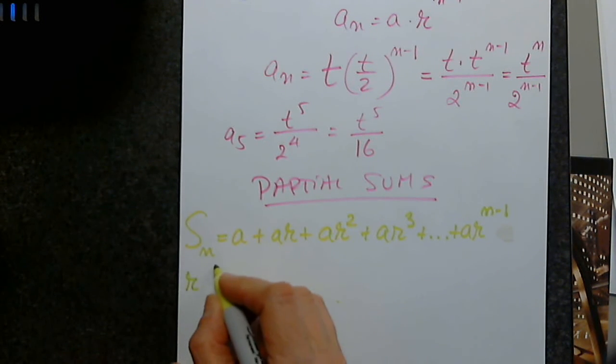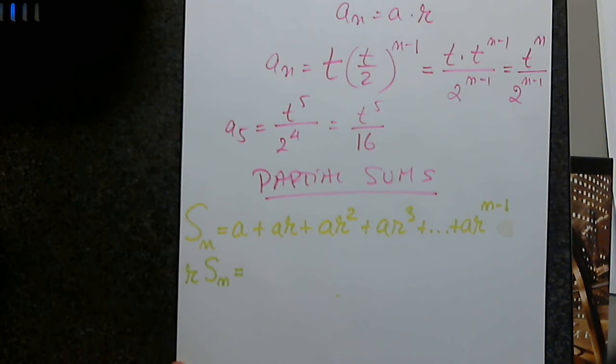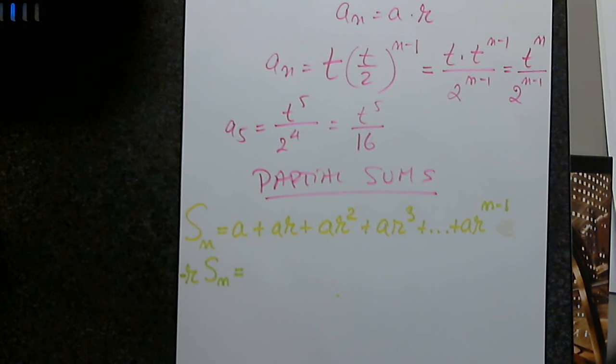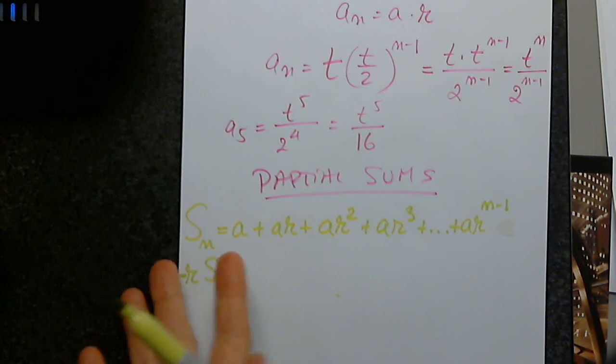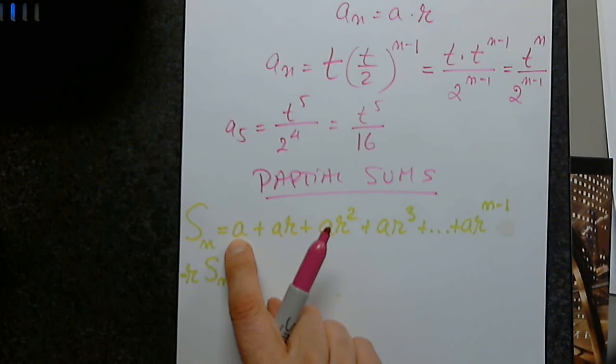Can you please multiply everything by r? Actually, by negative r. So look at the first equation. The top equation is S sub n equals blah, blah, blah. And now I would like you to multiply all those terms, the left-hand side and the right-hand side, by negative r. What will be the first term I have to write? I'm not going to write it under this.